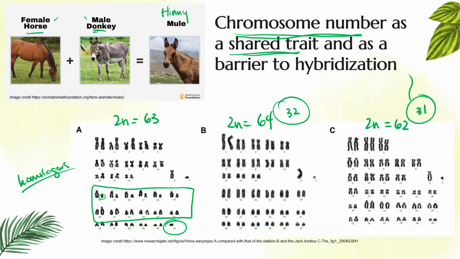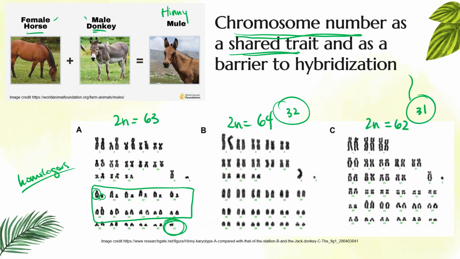Clearly, this guy and this guy don't have the same locations. This guy doesn't even have a pair to pair up with. And so this different chromosome number between horses and donkeys leads to some limitations. Mules and hinnies are not able to produce fertile offspring because of these mismatches.